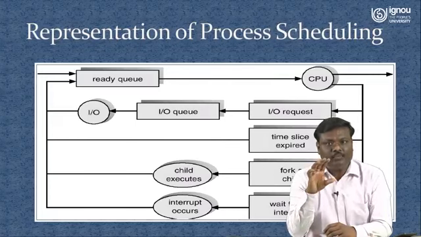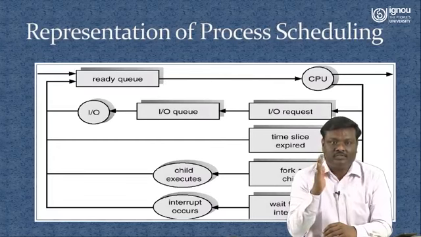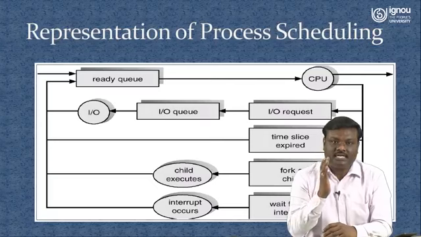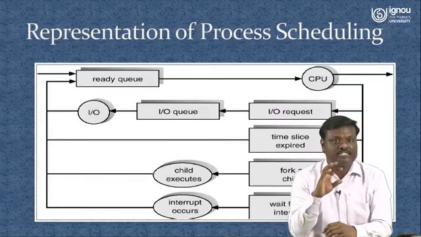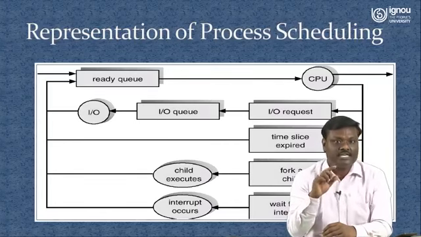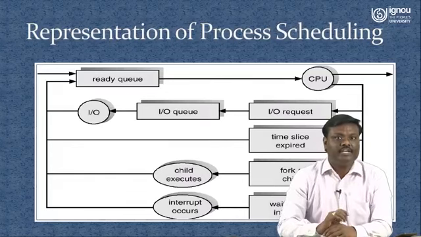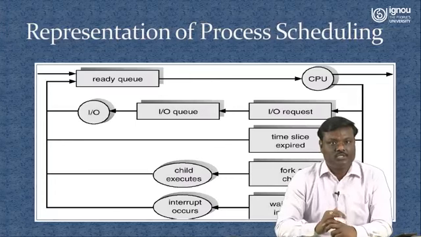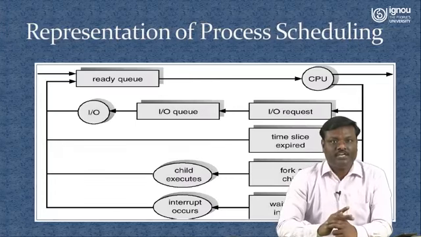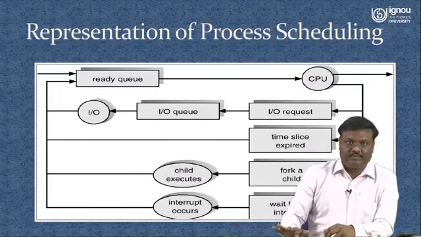Depending upon these interrupts or events, the queues will be maintained, or the corresponding routines may be executed, and after executing those routines, the processes are pushed once again to the ready queue, waiting there to get the CPU assigned to them. So this is a complete picture showing the representation of process scheduling.